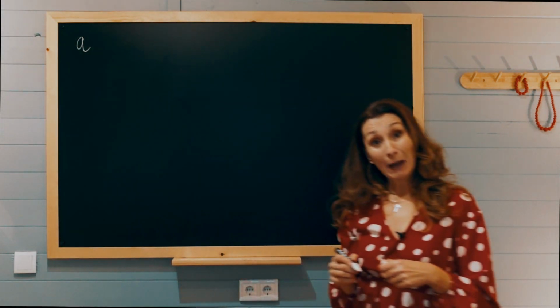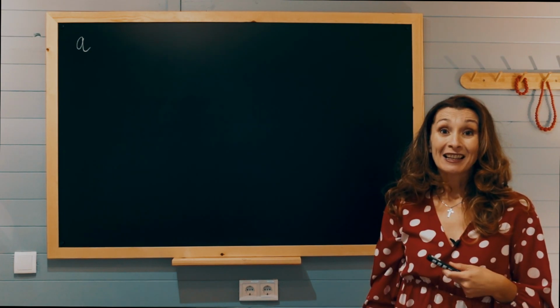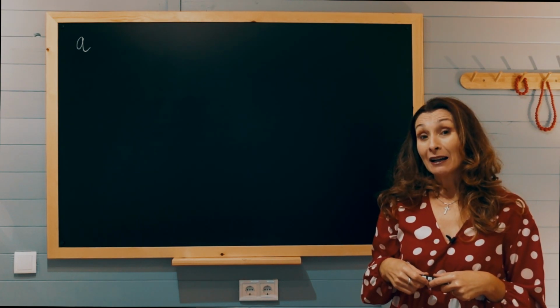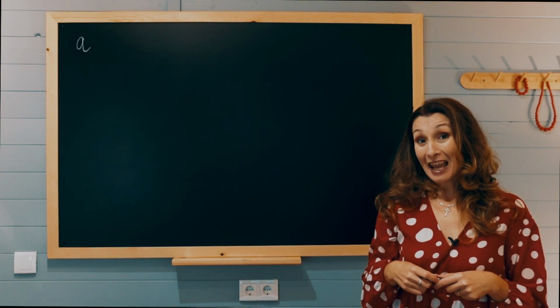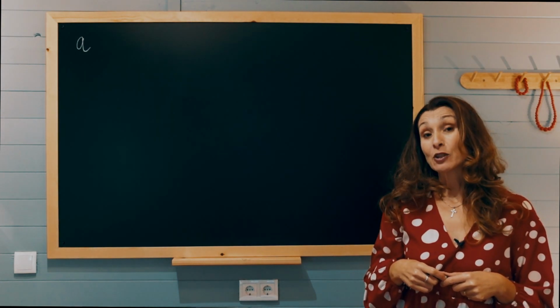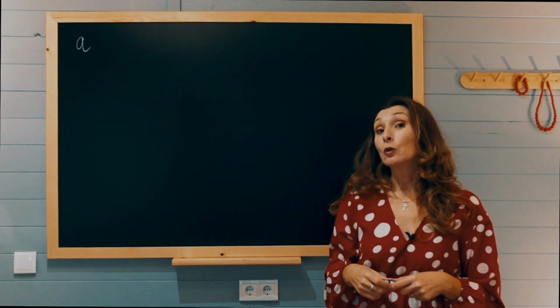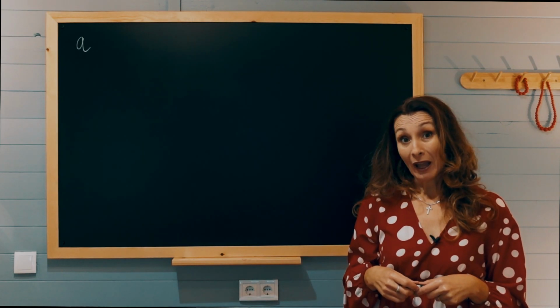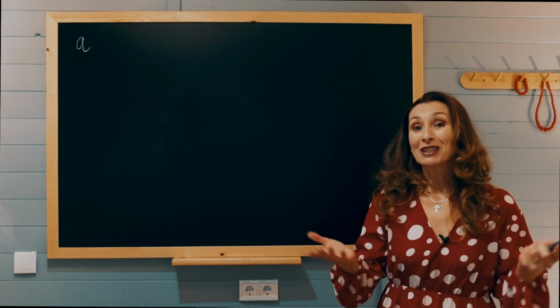Letter A in Spanish, you already know, is called A. You could say that's its name, A. And it stands or represents the same sound, okay? So when you see A in a Spanish word, you will say A, okay? Do not be tempted to pronounce it differently.